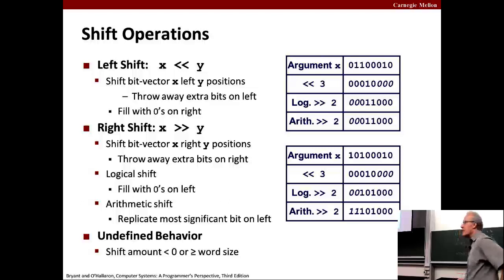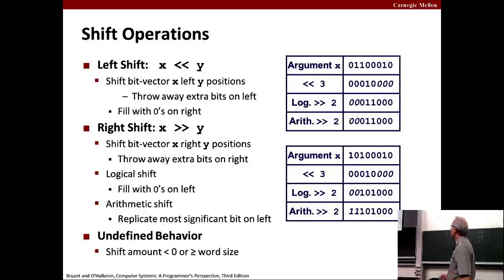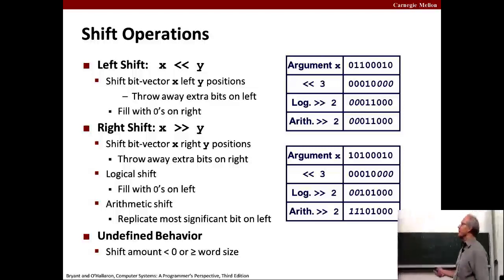So that's a logical shift, and, well, it's logical. There's another flavor called the arithmetic shift, which differs in the rule for what bits you fill in with. They are not necessarily zeros, but whatever the most significant bit was in the original value. It doesn't matter here because the most significant bit was 0.